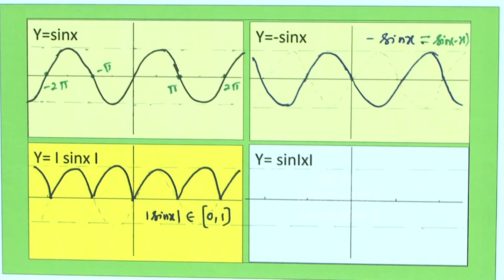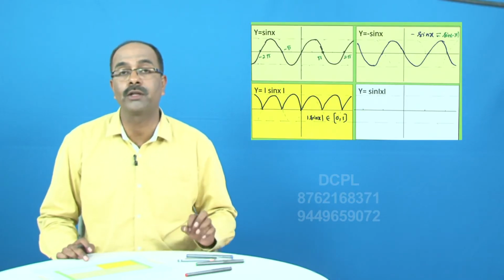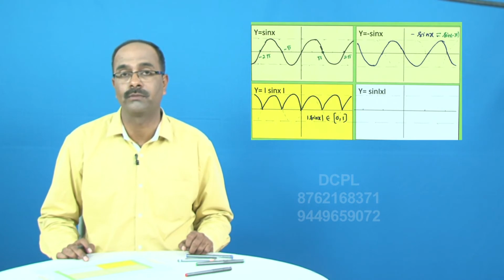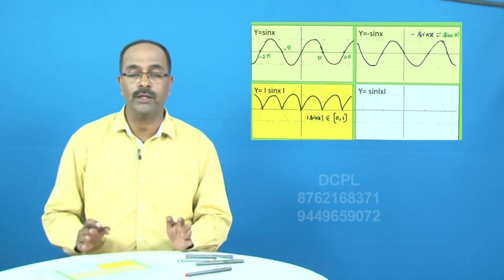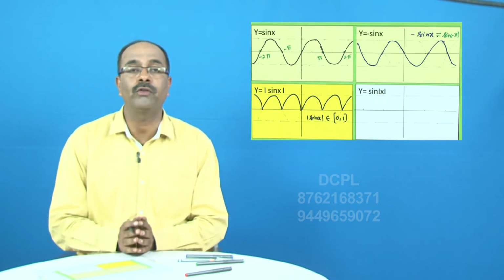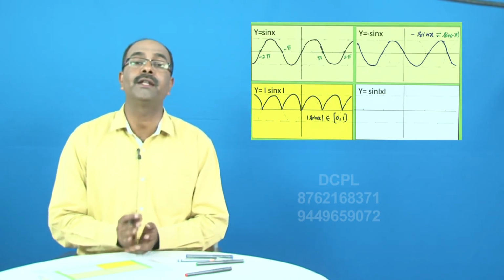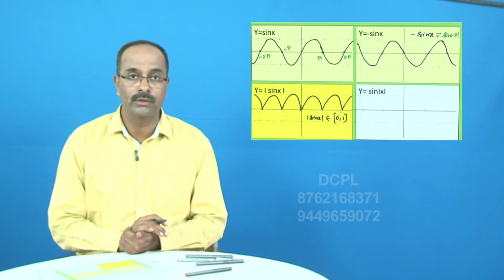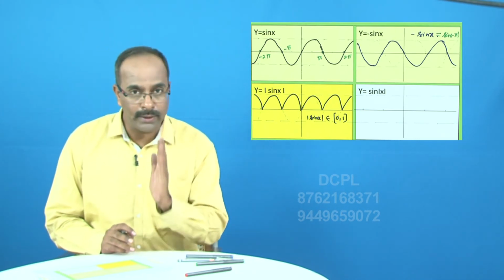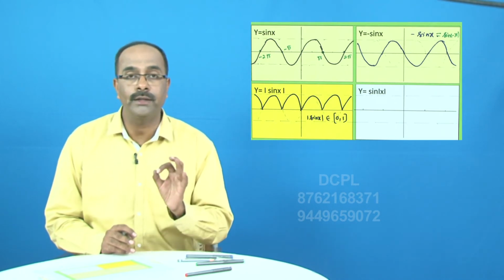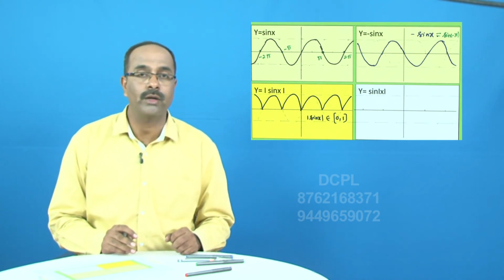Anyway, how to draw the graph of sin mod x? Dear students, drawing sin mod x is very, very easy. Just draw the graph of sin x, whatever you have towards the right side of the y-axis. Retain the part of the graph of sin x towards the right side of the y-axis. Use the y-axis as a mirror. Write the replica of that particular part of the graph.